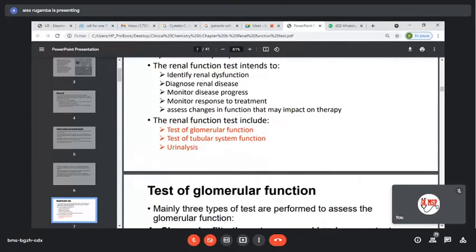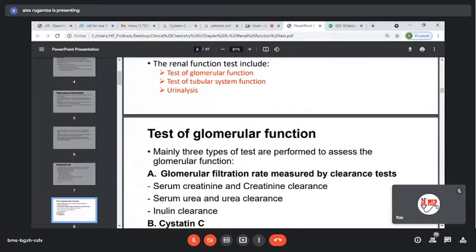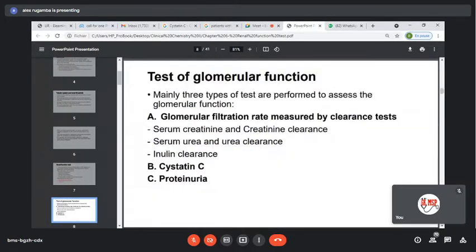Actually, there are three main tests. One is the glomerular filtration rate, which is measured by the clearance test. Another one is cystatin C. Another one is proteinuria. So these measure glomerular function.